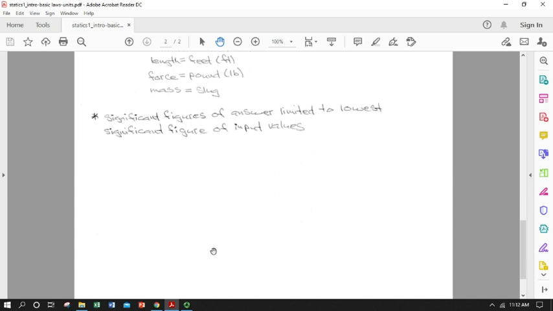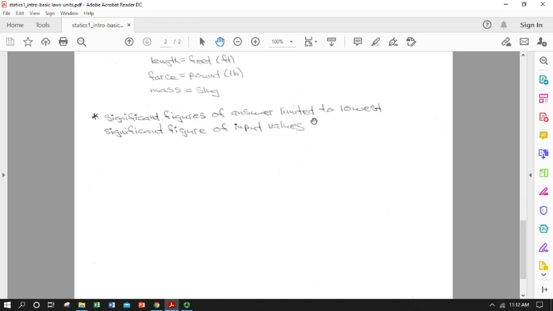Generally speaking, it's not written here in my notes, but if you're talking about decimal places, so fractions of a unit to the right of the decimal place, do not include in your final answer decimal places that are further right than the smallest of your inputs. So that's kind of the two-way way of limiting your significant figures in your final answer.